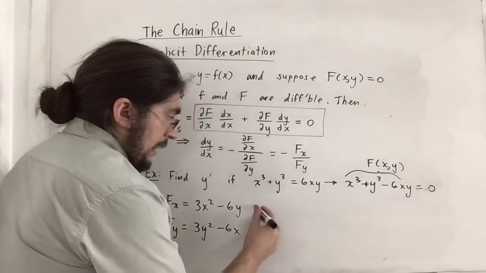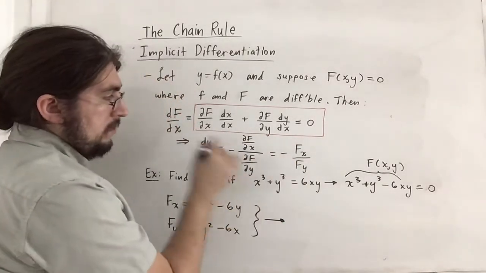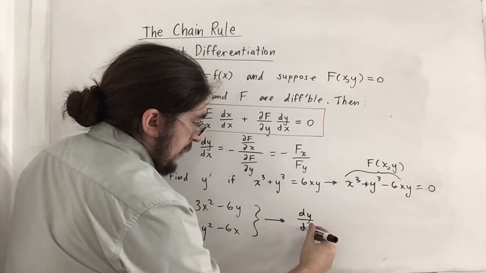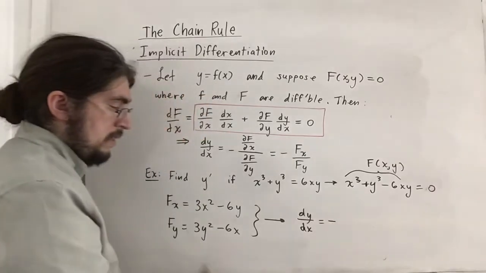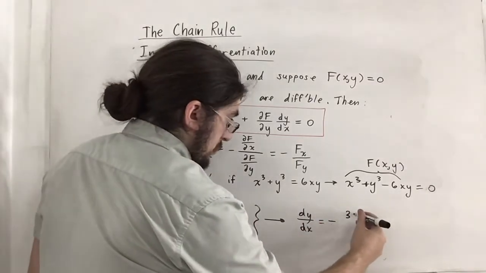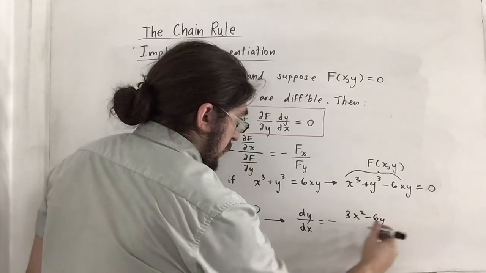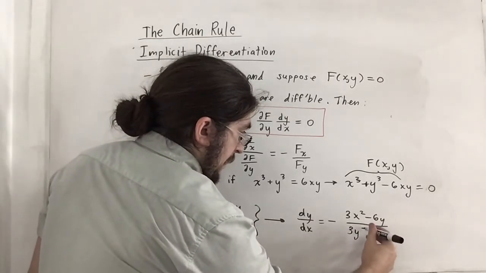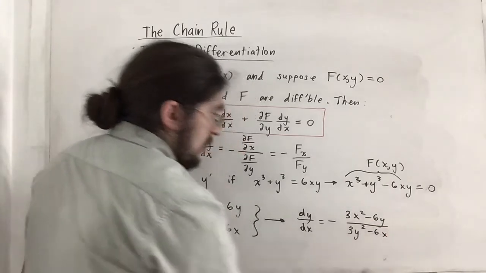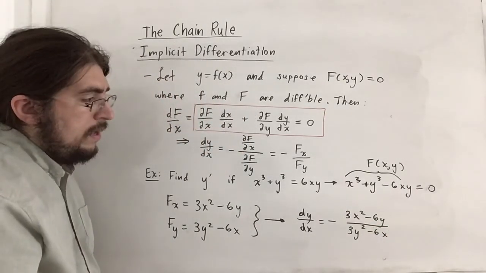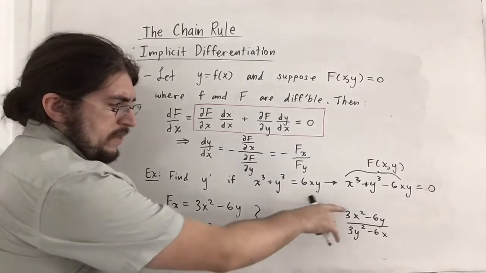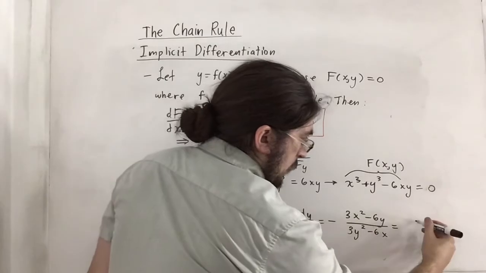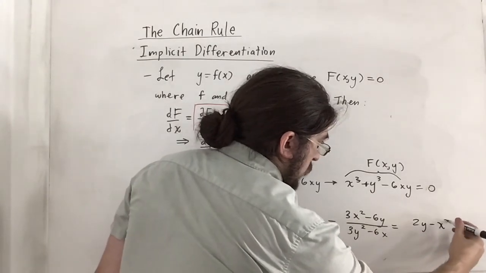And with this in mind, we end up getting that dy dx is nothing but negative fx divided by fy. And in this case, notice you can actually divide top and bottom by 3. And if you want to distribute the negative into the top by swapping these two at the same time, we get 2y minus x squared.